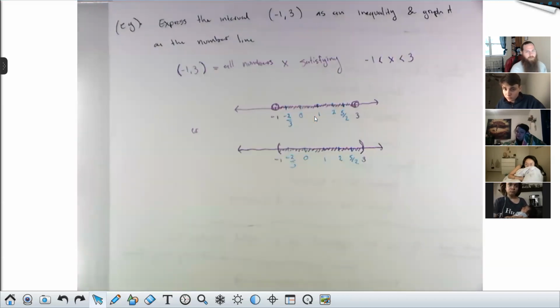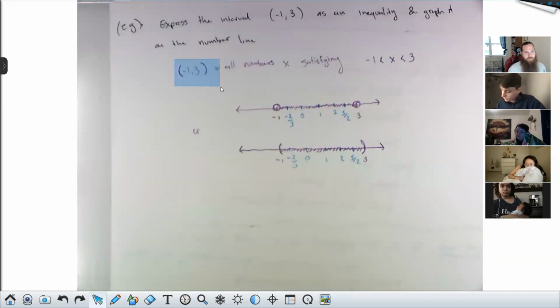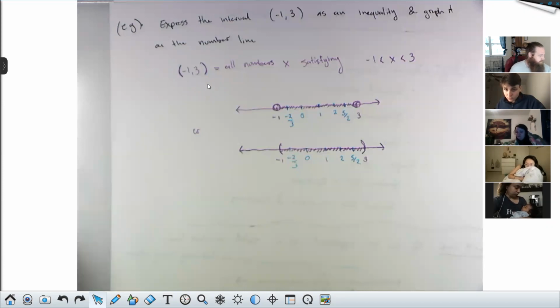But if I asked you how many numbers are in the set -1, 3, how many numbers are in the open interval from -1 to 3, what would you say? All real numbers. Well, not all real numbers, like 6 is not in here, pi is not in here, 3 is not in here, but just how many numbers are in there?